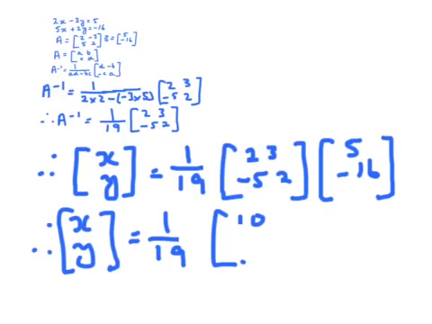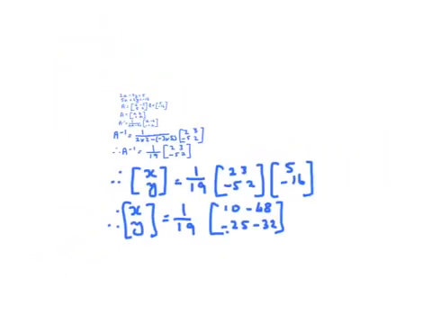Plus 3 times -16, so it is minus 48, and then -5 times 5 is -25, and then 2 times -16 is -32. Okay. All right.